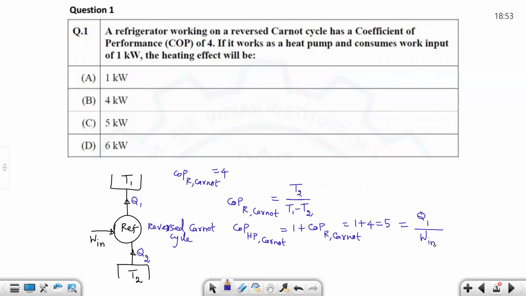So what is asked is the heating effect. So this is the heating effect. This is the cooling effect. Maybe this you can write as Q2 by work input, this is for the refrigerator, cooling effect.